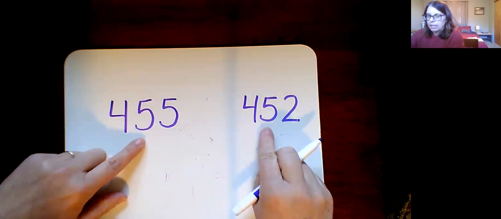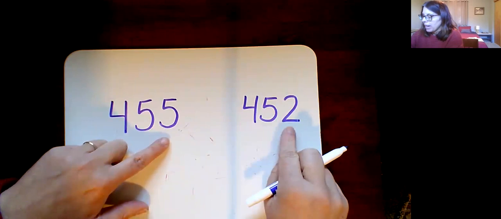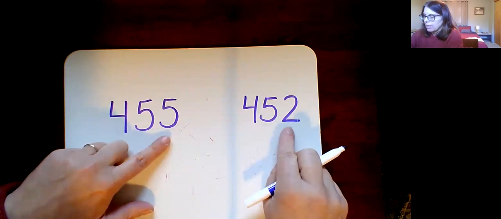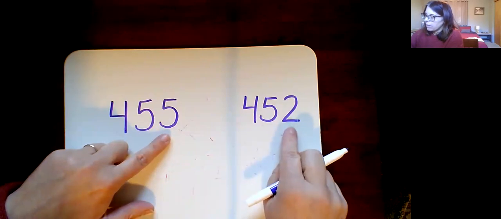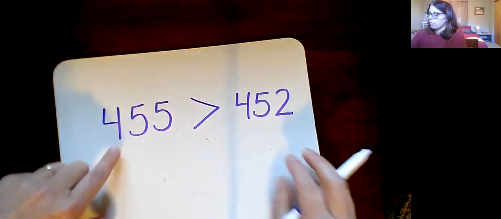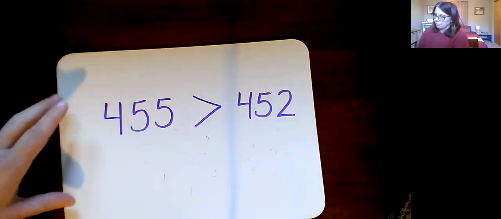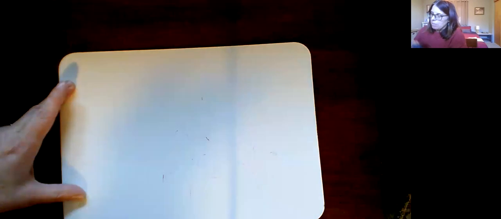Are their tens the same? Yes. What about when you get here? What about the ones? The ones in 455, 5, and in 452, it's 2. 5 is greater, so we'll use a greater than sign. 455 greater than 452. Okay. I know that you're going to be experts at this.